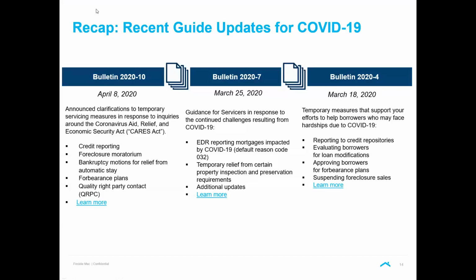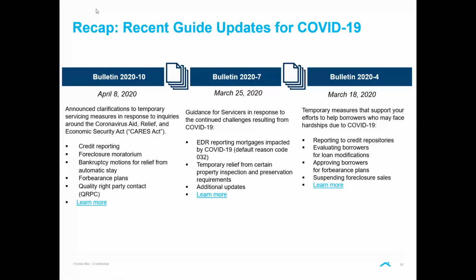So our three bulletins that we have put out, again, in front of you, I've already gone through the numbers. Starting from the beginning, we put out 2020-4, which announced a number of different things, most of which has been overwritten by Bulletin 2020-10, things like the foreclosure moratorium, forbearance, temporary policy, and credit reporting.